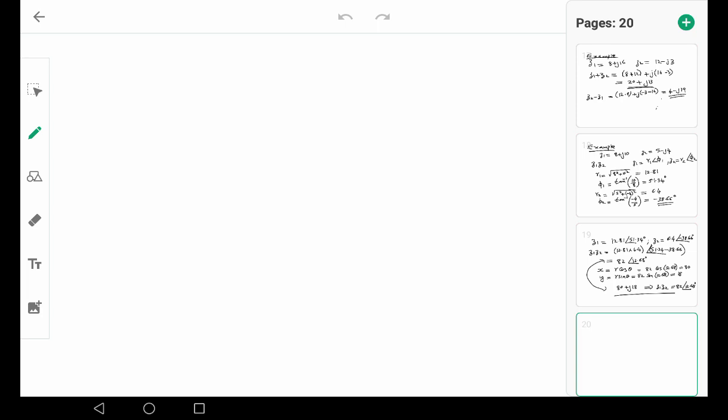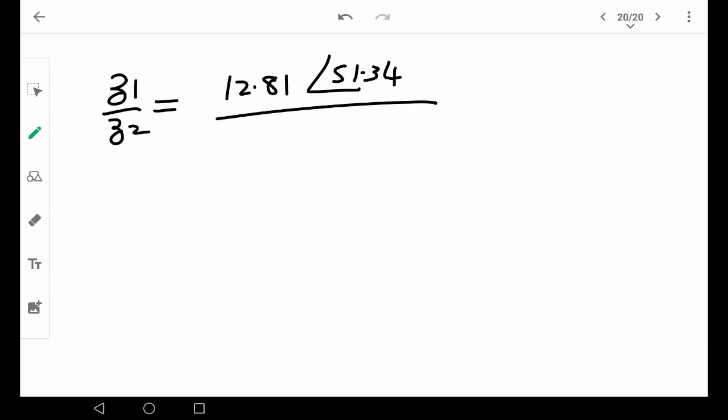So in the next thing we will do the division. The division is given by z1 divided by z2 equal to 12.81 angle 51.34 divided by 6.4 angle minus 38.66, right.